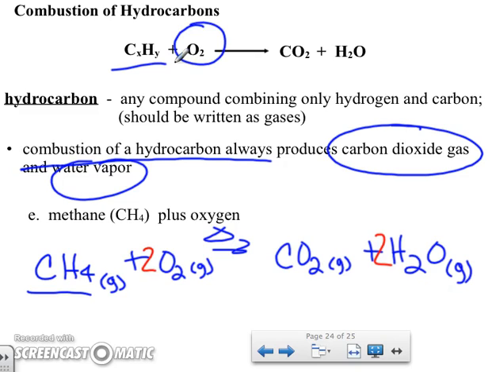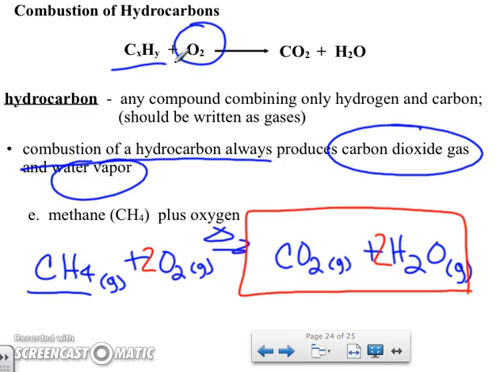Again, we knew that the products would be carbon dioxide and water vapor because we were combusting a hydrocarbon. Hopefully that makes sense. And again, this is our example of a combustion reaction because we had oxygen in the reactants.